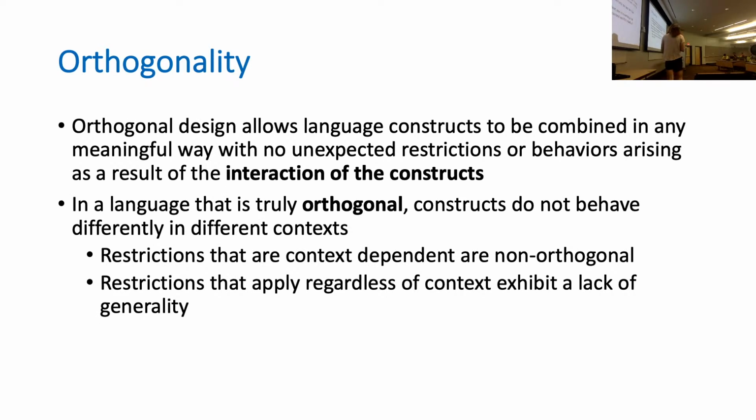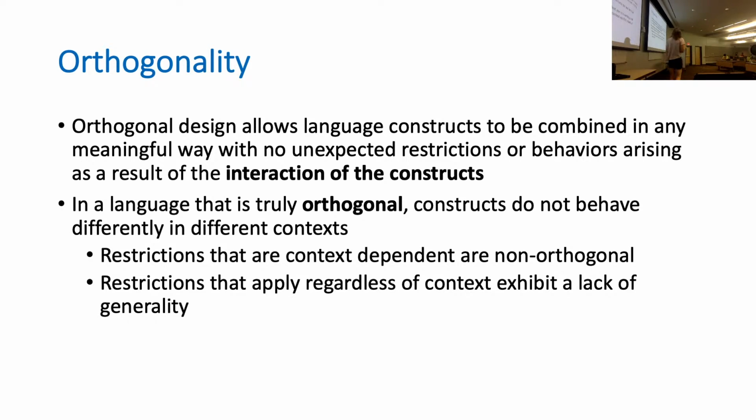So orthogonal design allows language constructs to be combined in any meaningful way with no unexpected restrictions or behaviors arising as a result of the construct's interactivity with each other, okay? So in a language that is truly orthogonal, constructs do not behave differently in different contexts. Right?